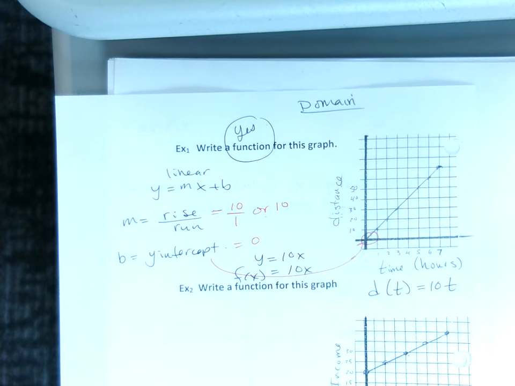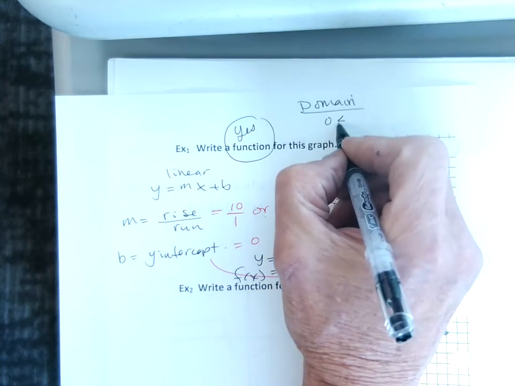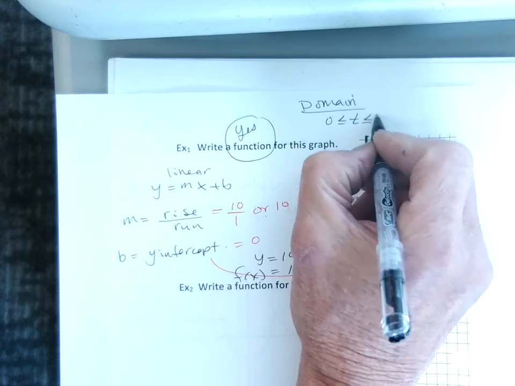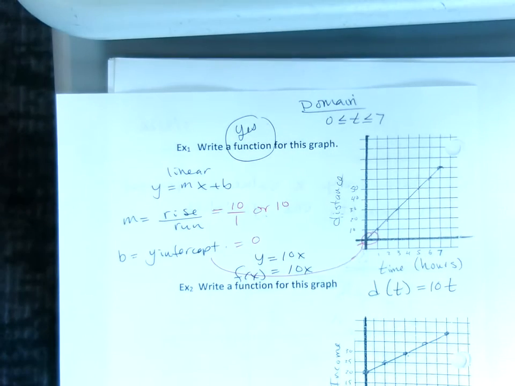How many people have taken a road trip and driven for 7 hours? It's a pain. But our domain is 0 is less than or equal to t, which is less than or equal to 7. Right? So we drove for 7 hours. Non-stop. I gotta go to the bathroom, Mom. Too bad. We're driving. Right?